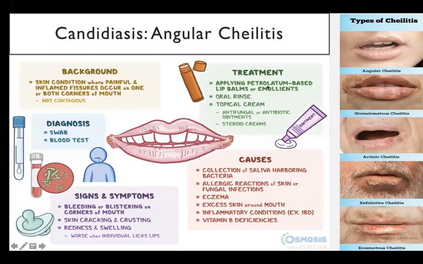And the treatment: applying petrolatum or petroleum-based lip balms or emollients like Vaseline or any lip balm. Oral rinse is important. And then topical cream like antifungal or antibiotic ointments. If you have done your swab test in a hospital or lab and it came positive for fungus or any bacteria, then you can use antibacterial or antifungal creams.